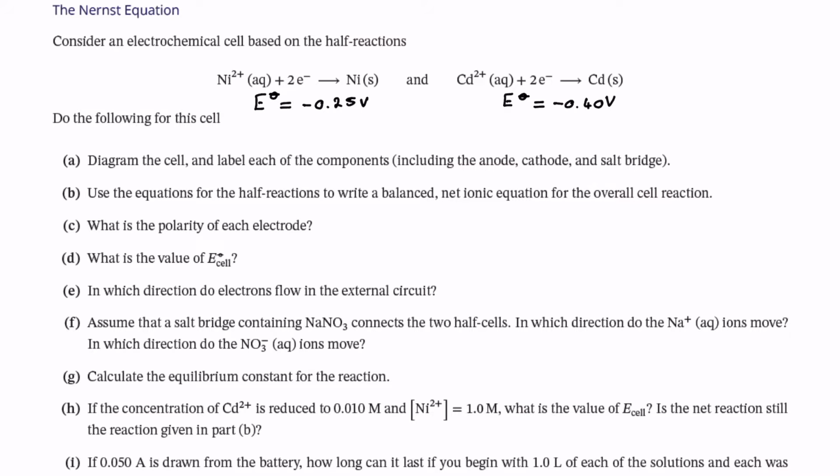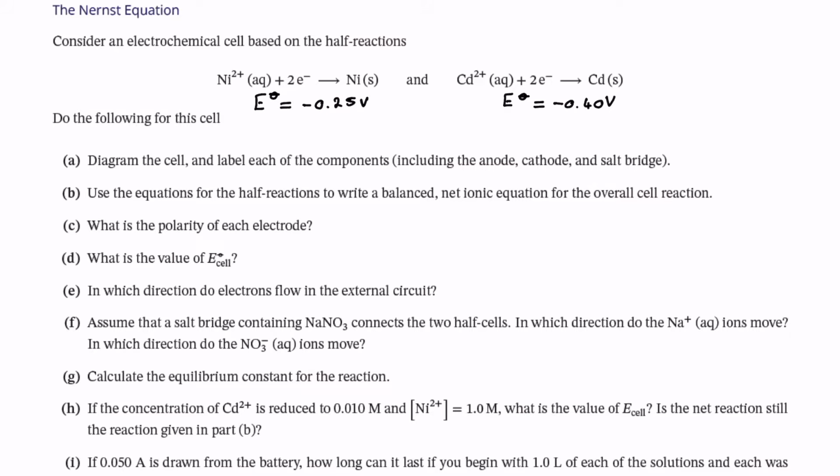So it is the species that will undergo oxidation. It's the stronger reducing agent. Cadmium is oxidized, stronger reducing agent, lower on the potential table, and nickel is the stronger oxidizing agent, more easily reduced, higher on the potential table.